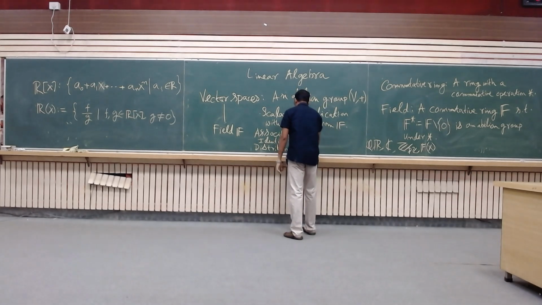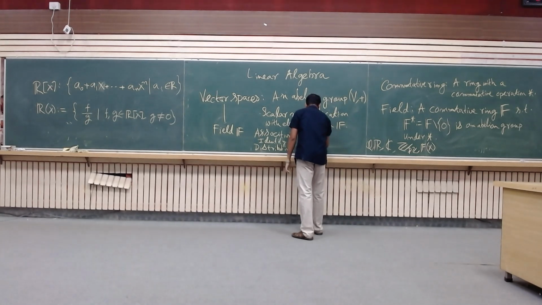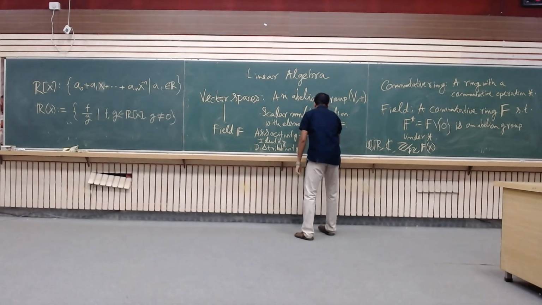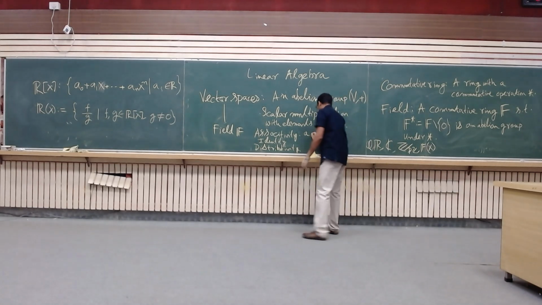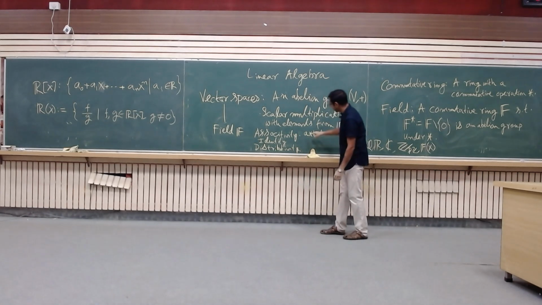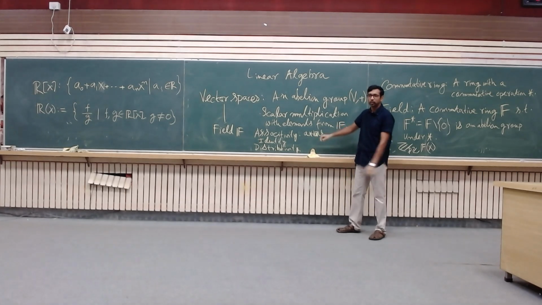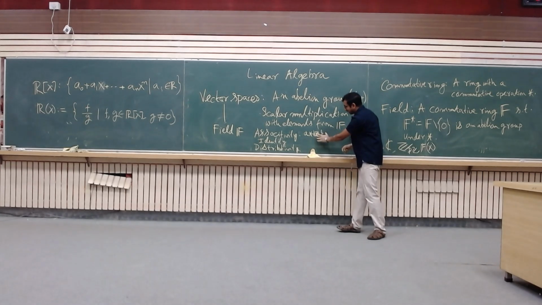So here, by associativity, we mean that if A and B are two elements in F, and you multiply a vector V with, say, A star B, this star is in the field, whereas this one is in the vector space. Later we will not distinguish between the stars, we will just write AV.